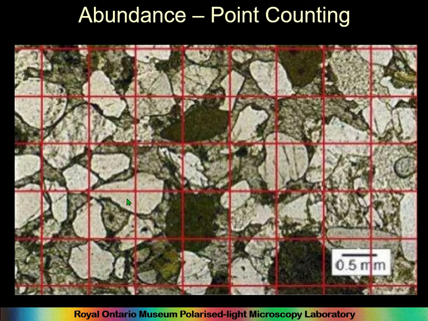So all the people that just throw it on the microscope and go click, click, click are doing it completely wrong. Another thing is when I did this for the geology department, I counted 1,000 points. That is a lot of points.